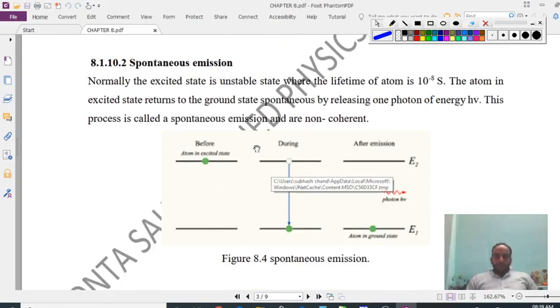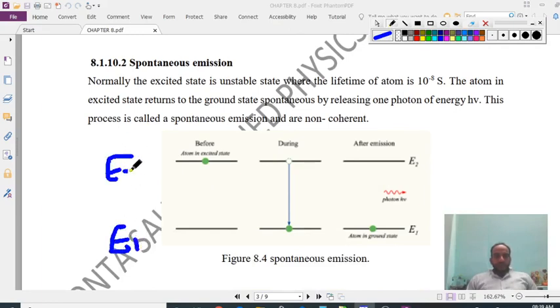Now, if a system is in excited state, as I already told, suppose this is ground state and this is excited state E2. If our electron is in excited state, then it remains there for 10 raised to the power minus 8 second and loses its energy by ejecting a photon and comes down to ground state.